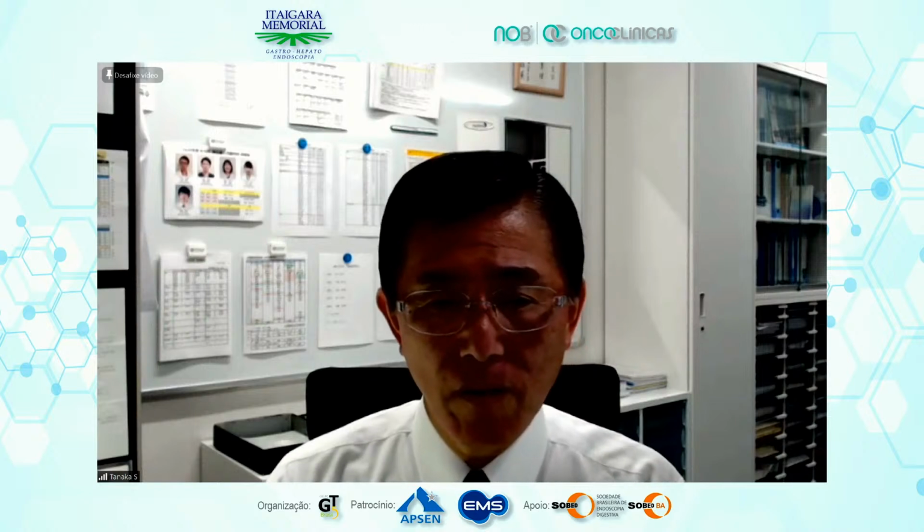Soon we can use it in clinical daily practice. Maybe IEE magnification will contribute to distinguishing between neoplasia and non-neoplasia. So for the resect and discard strategy, IEE will contribute.